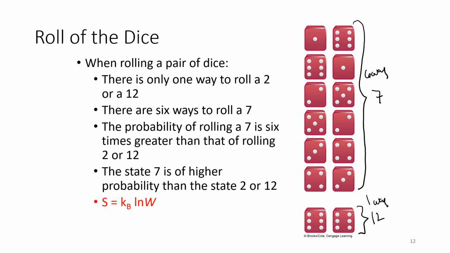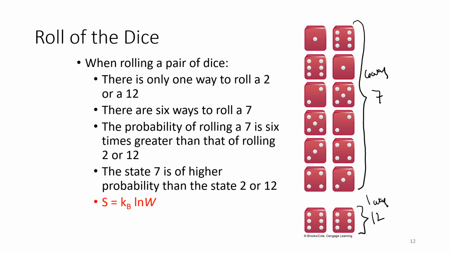So what we say is that the state of 7 is of higher probability. It means that it's much more likely that if I gave you 2 dice, you're going to roll a 7 than you're going to roll a 12. And so rolling a 7 is actually more disordered or more random, because you could have rolled a 1 and a 6 or a 6 and a 1.